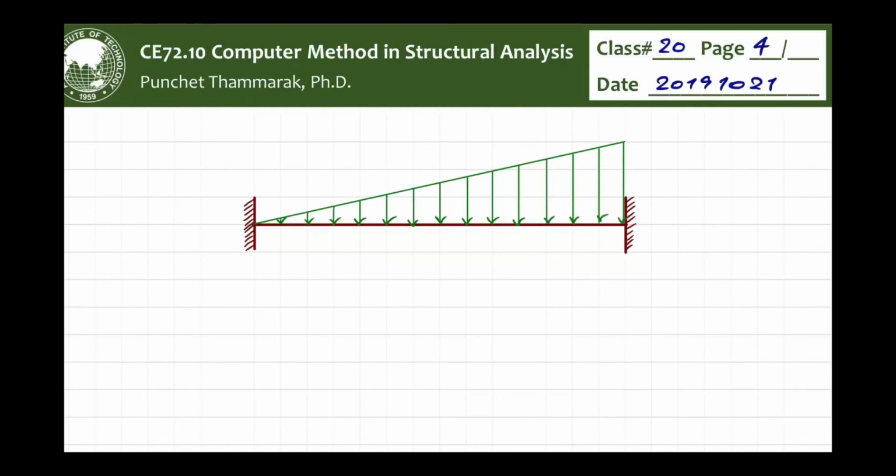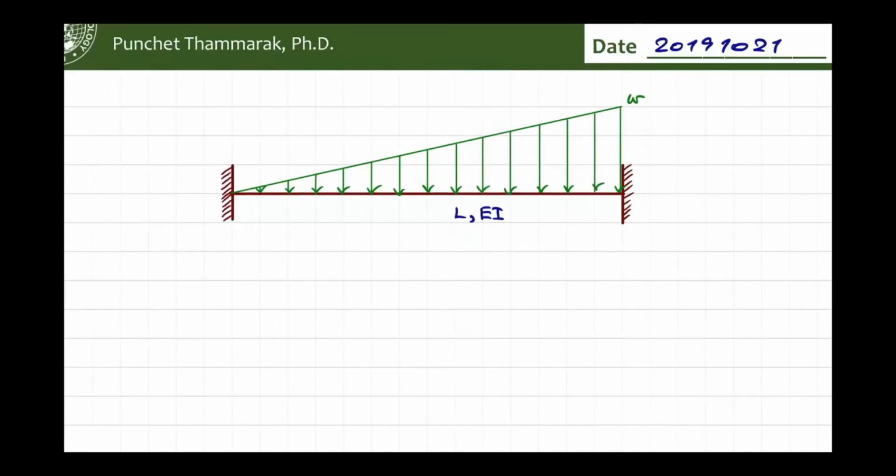And this is the W. The magnitude W is there. The length is L. The EI is there. X equals 0. X equals L.